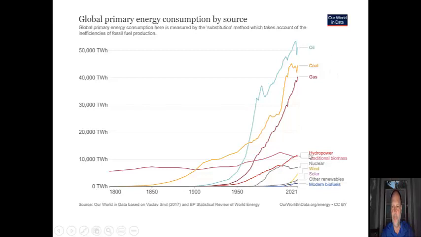Lower down here, we have traditional biomass, which has stayed relatively stable. Well, of course, these have skyrocketed. And you have some nuclear, and then very tiny portions down at the bottom of wind, solar, and other renewables. So they're really a small fraction of the energy that is consumed in the world.